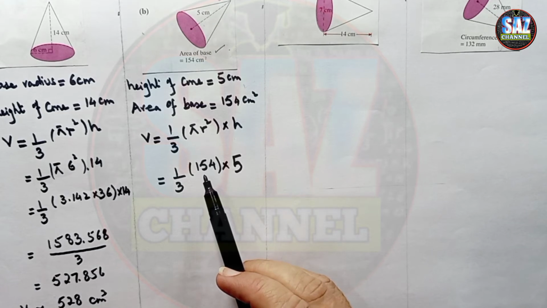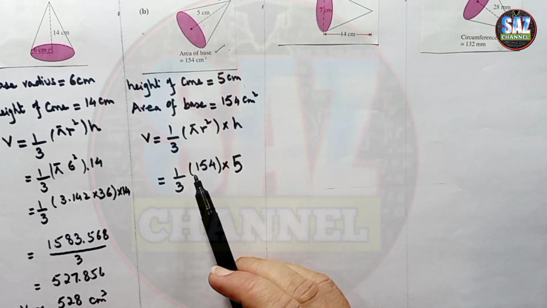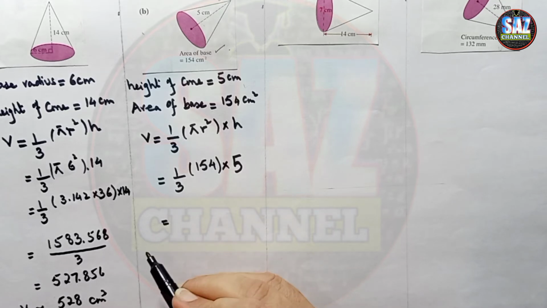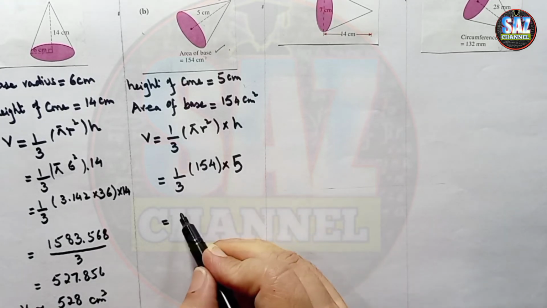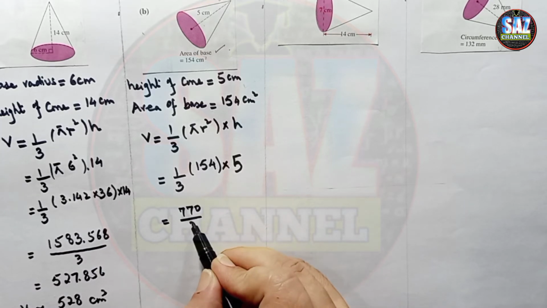Now let me check, can we divide 5 plus 4 is 9, plus 1 is 10? We cannot divide it by 3, so we have to multiply first 154 by 5, and this gives me 770 by 3.